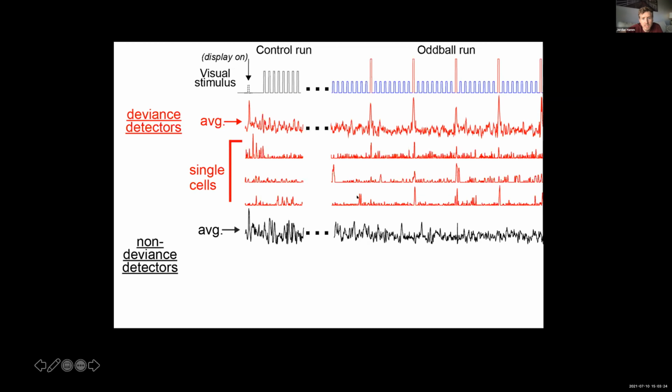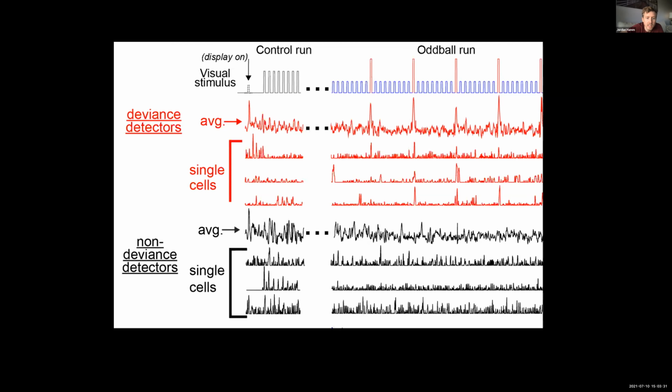And these are some single cell averages to back this up here. As you can see, the non-deviance detectors, it's not that they move out of the field of view or anything. They're still active during the oddball run. They just don't seem to show any preference towards contextually deviant stimuli.